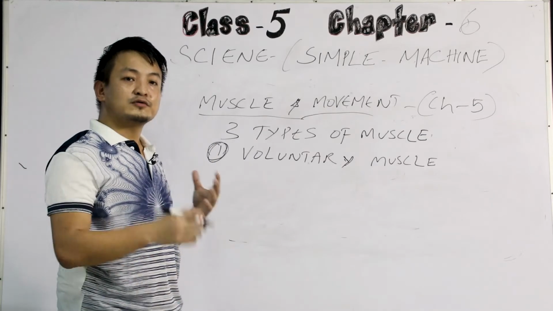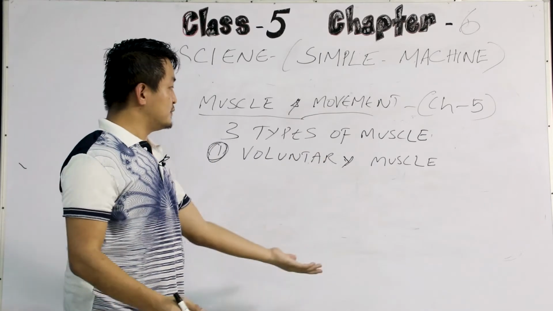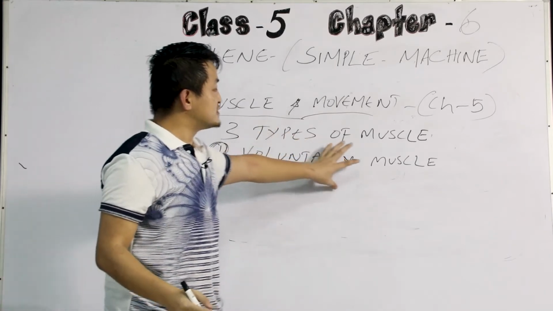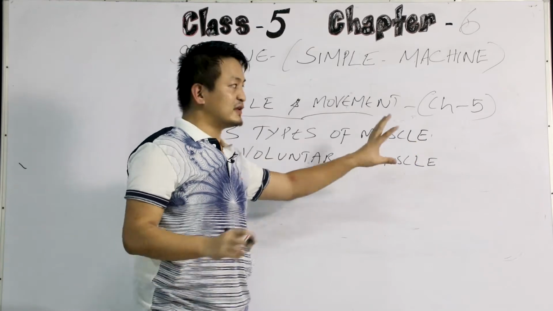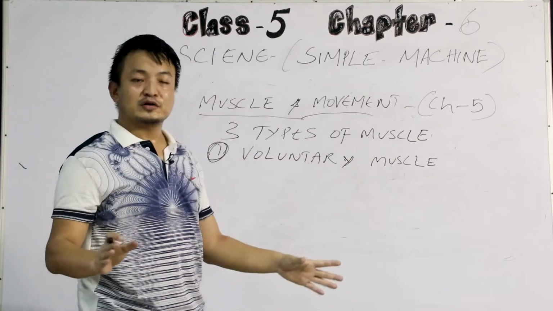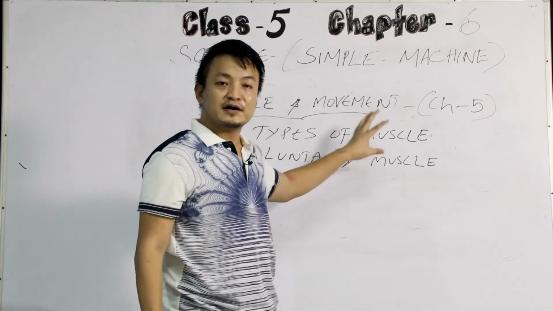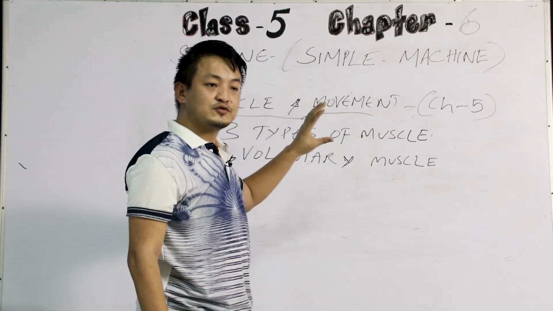Whenever we walk, we run, whenever you raise your arm up, we are utilizing these voluntary muscles. Clear? It is up to you whenever you want to utilize these voluntary muscles. It is totally up to you.